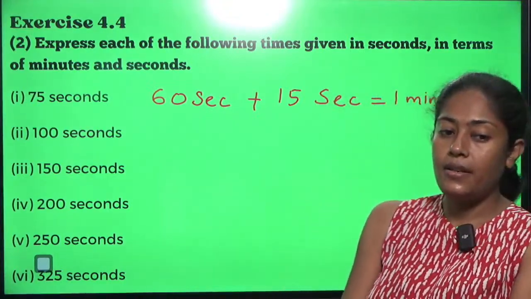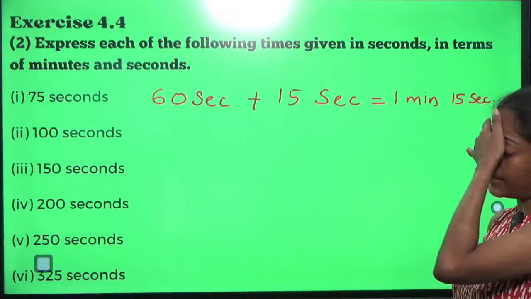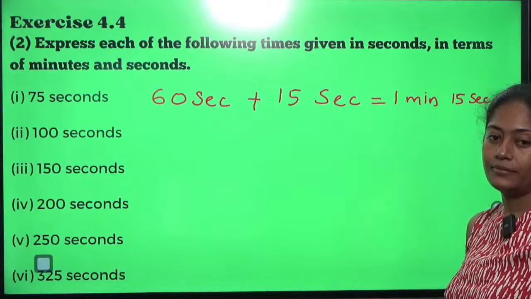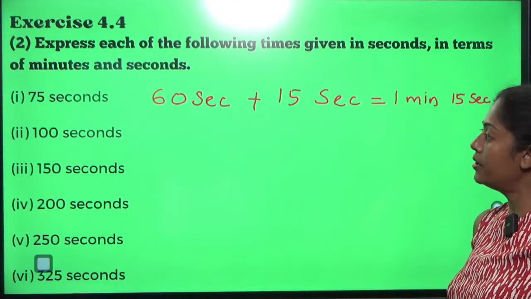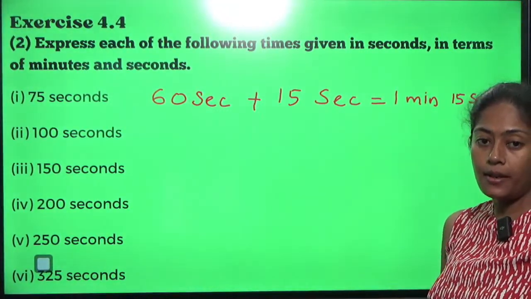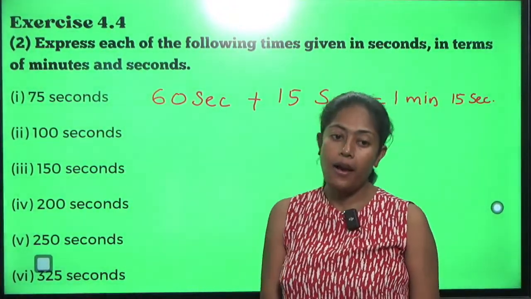Right. Then next one also I will do for you. 100 seconds. So how can I separate this one? If you have 2 minutes, the answer should be again how much? 120. But now we have here 100.